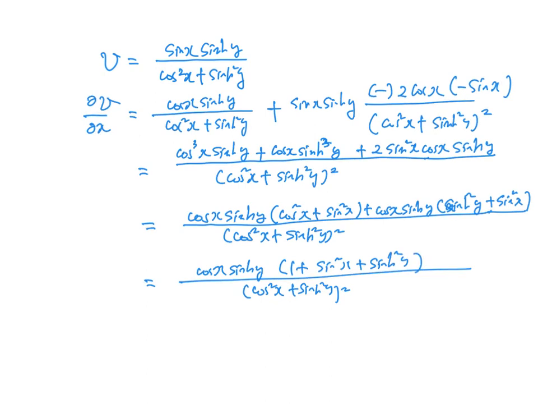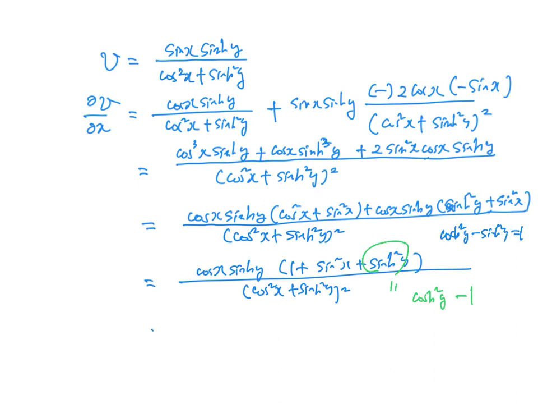Looks different. The previous one was, let me see. So cosine hyperbolic square y minus sine hyperbolic square y is equal to 1. So this is actually cosine hyperbolic square y minus 1, right?